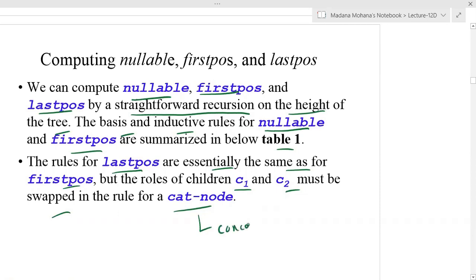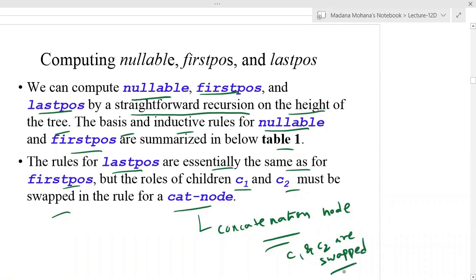Cat node is nothing but concatenation node. While finding the last position values, C1 and C2 are swapped. In all remaining cases, the last position rules are the same as first position rules.